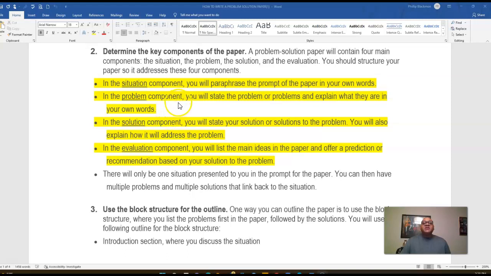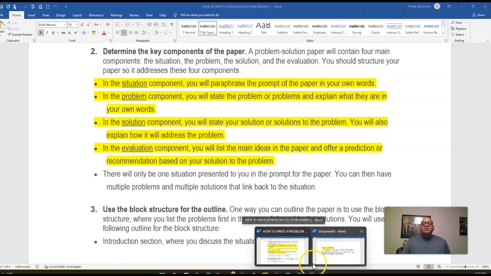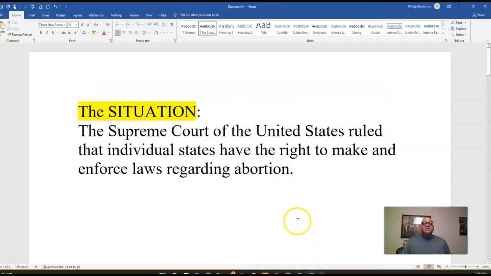The situation is the controversy that is sparking the problems and the solutions for the paper. I want to talk about the current situation in the United States, where the Supreme Court of the United States ruled that states have the right to make and enforce laws regarding abortion.